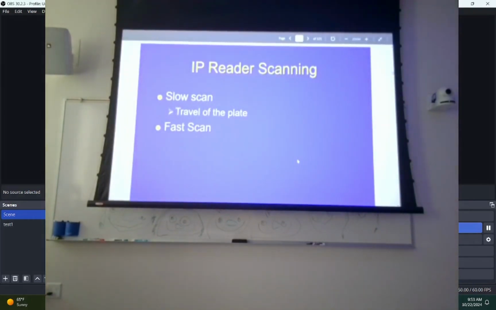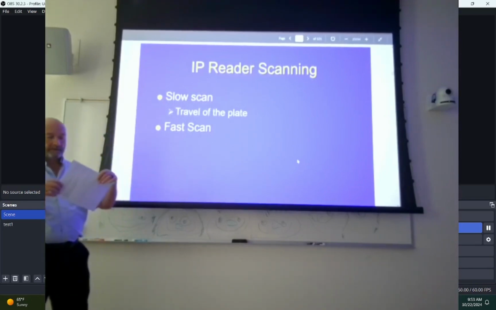So I'm going to talk about scanning of the CR system, and that's the last thing that we're going to talk about. So when we make an exposure, and say this is my image receptor, this is my imaging plate.